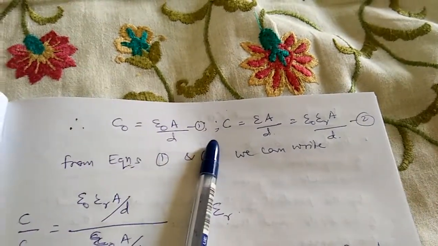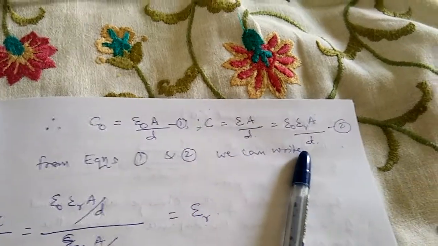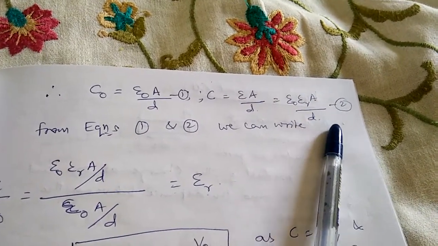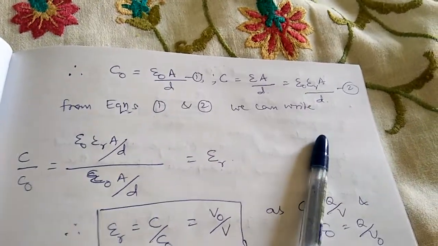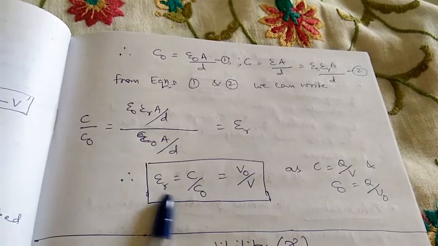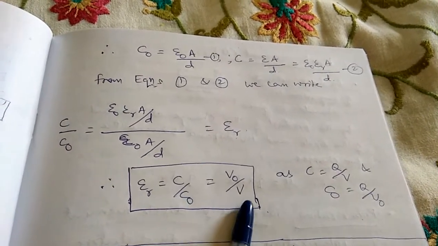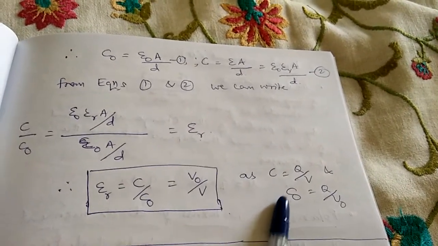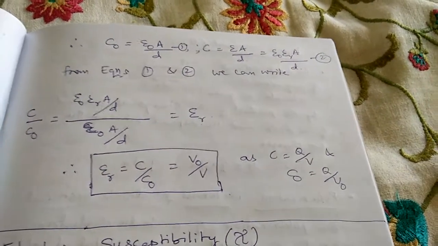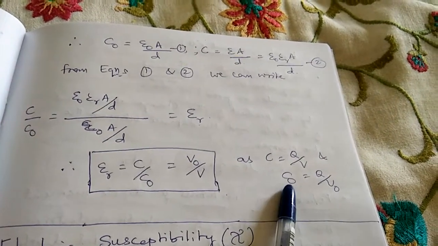Therefore, we can write C naught is equal to this and C is equal to this. So we can write epsilon is equal to epsilon naught epsilon r. From equations 1 and 2 we can write C by C naught is equal to this. So epsilon r, the dielectric constant, can be written as C by C naught is equal to V naught by V, as C is equal to Q by V and C naught is equal to Q by V naught.